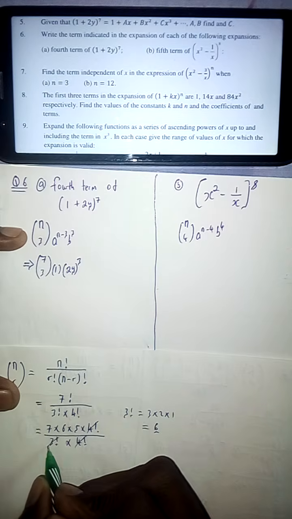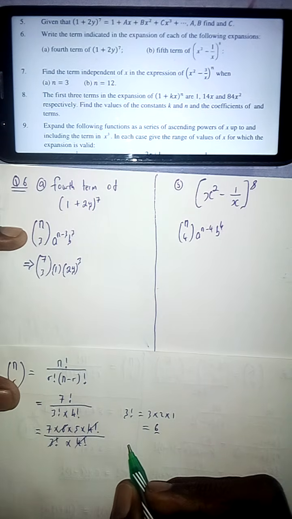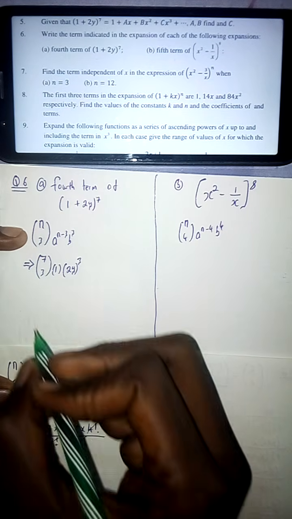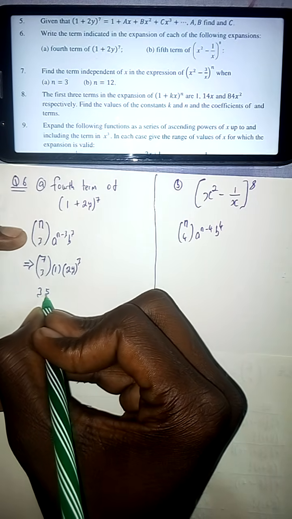So 6 and 6 cancel. What do we remain with? We remain with 7 multiplied by 5, that will give us 35. So this part is equal to 35.